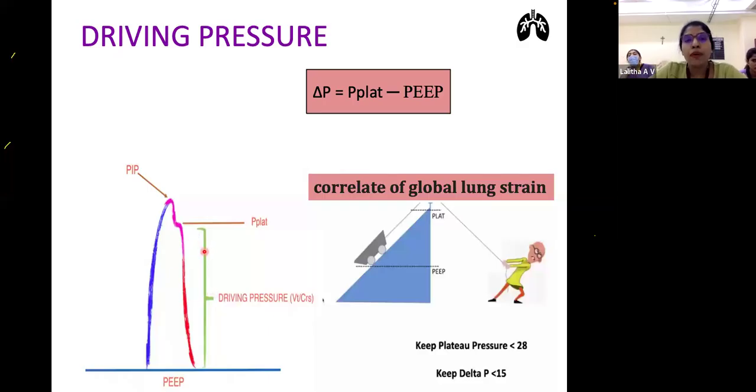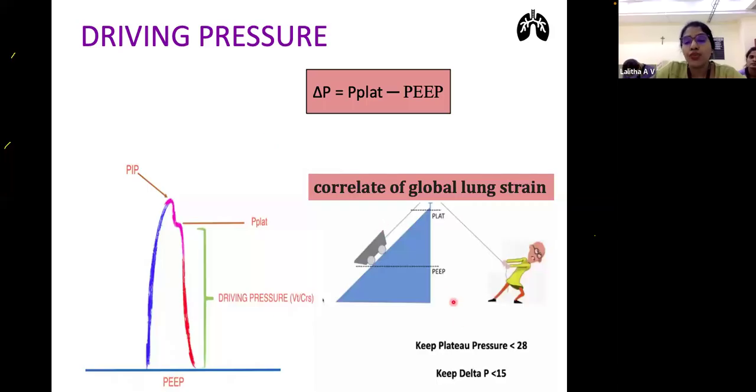Okay. So remember, plateau pressure is what you check by doing the inspiratory hold on volume control, or in pressure control, at the end of inspiration the PIP, the peak inspiratory pressure, equates to plateau pressure. That we have got. Then you calculate something called driving pressure, which is P plat minus PEEP. Why do we need to calculate or monitor this pressure? Because it is almost a correlation of the global lung strain. So how much driving pressure is acceptable?